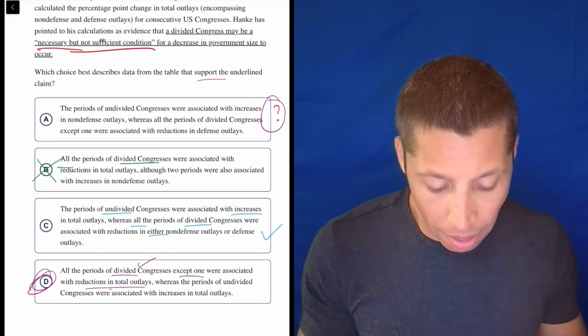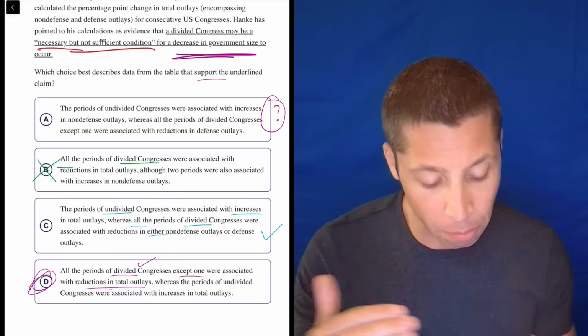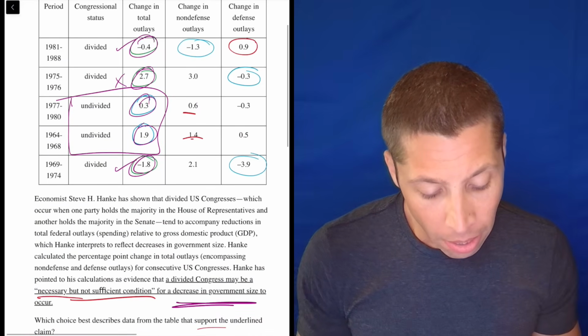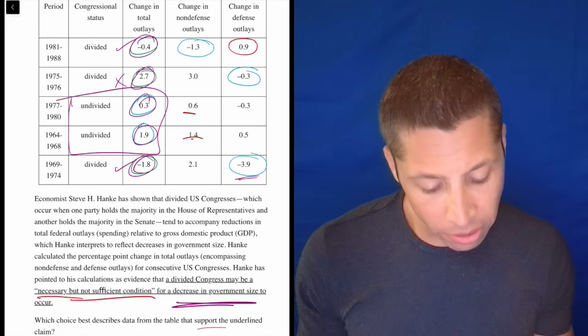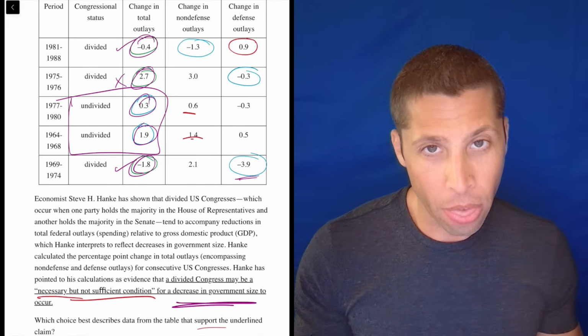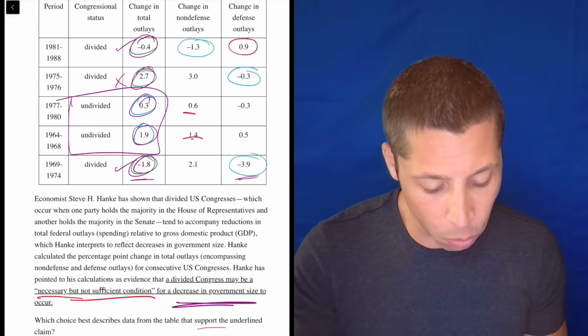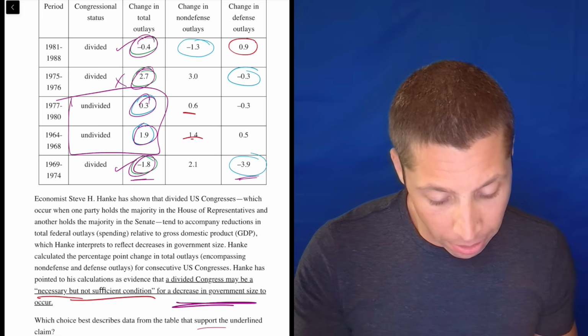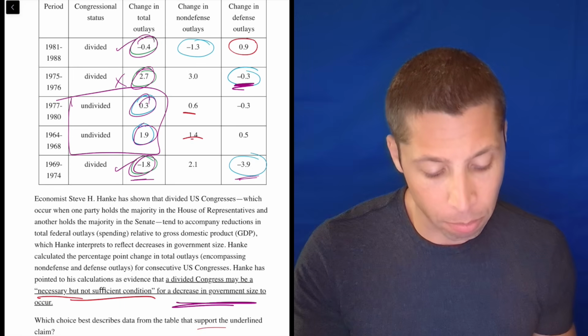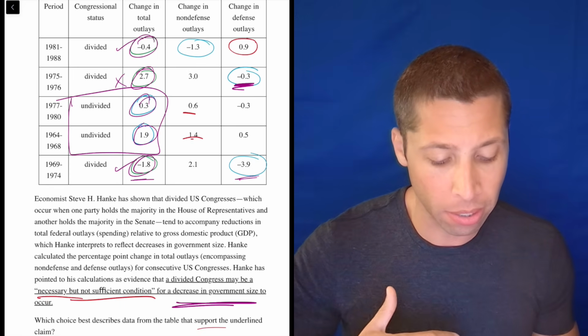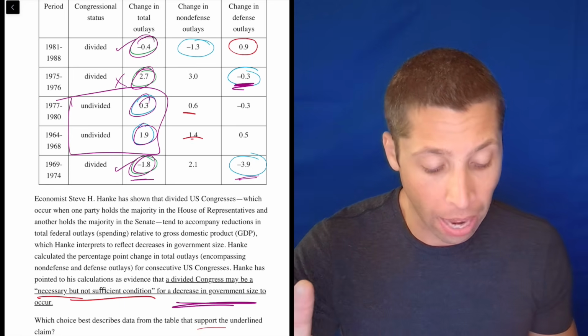And so if we're trying to talk about a decrease in government size, to me, if something randomly decreases over here, that isn't necessarily representative of the decrease in government size. In this case, it was, but here, this negative 0.3, that's a decrease in the size of the defense outlays.